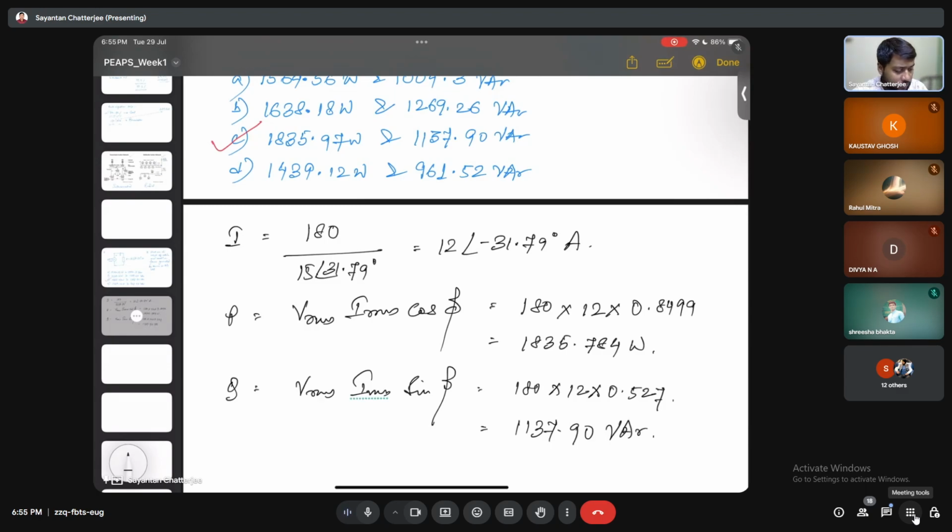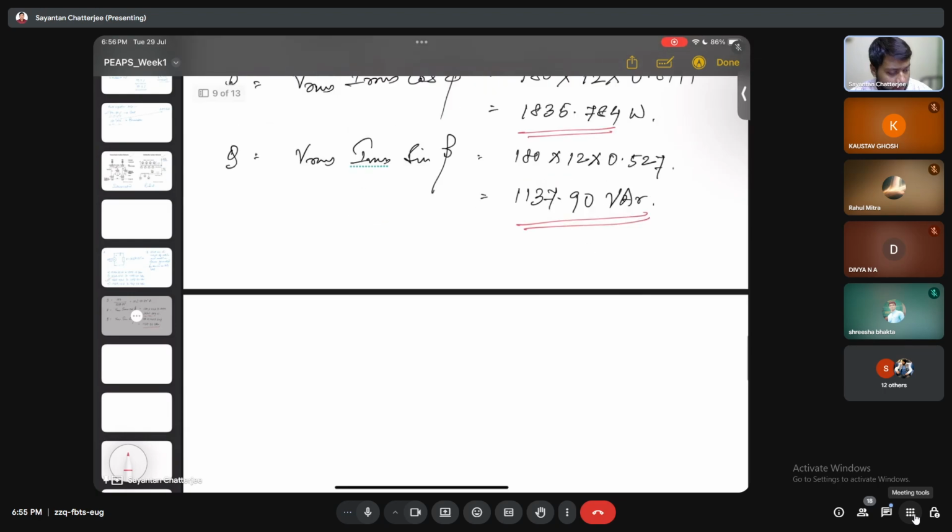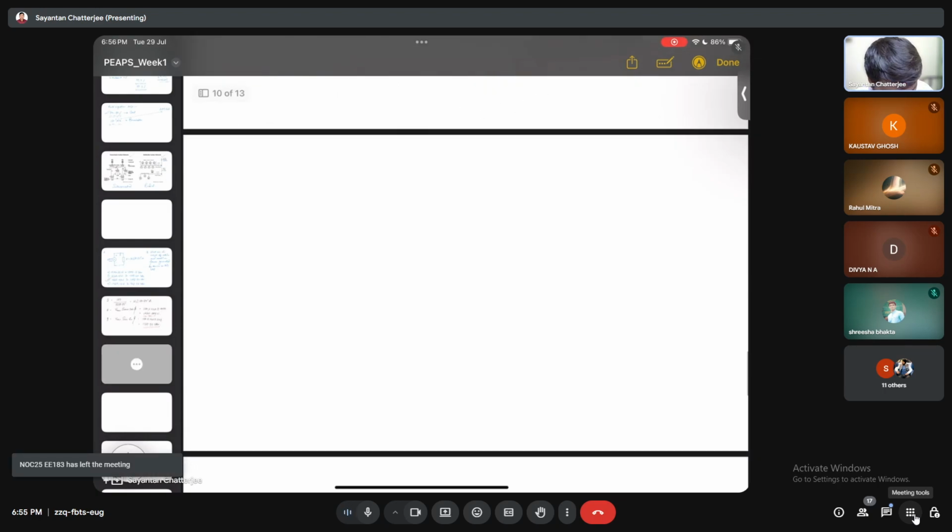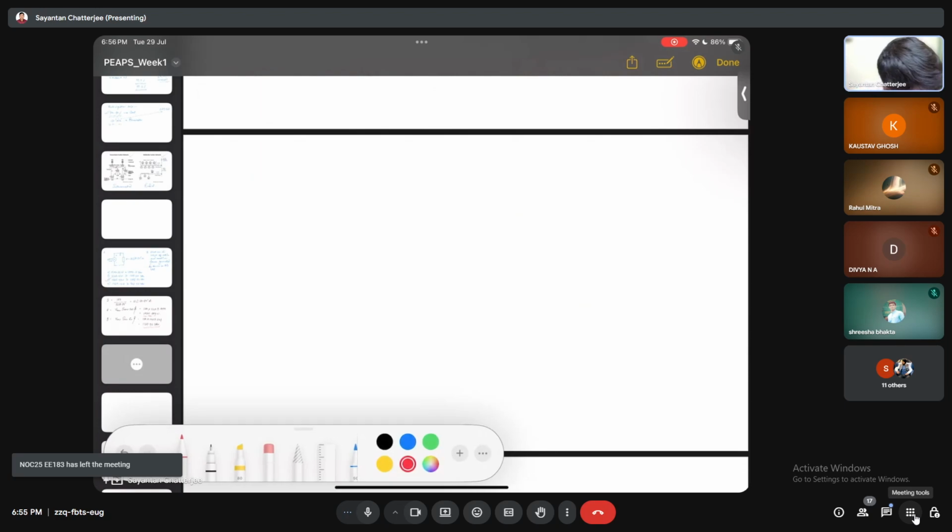So these two are the answers, right? So rightly said, answer C is correct. Just underline these two.